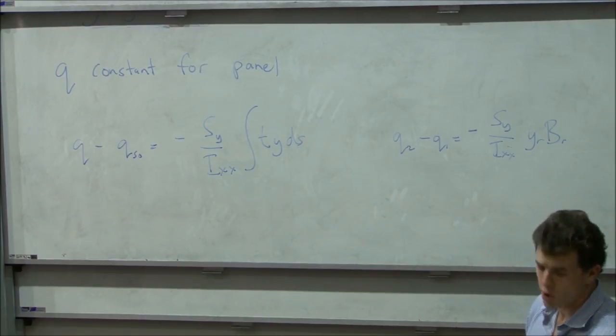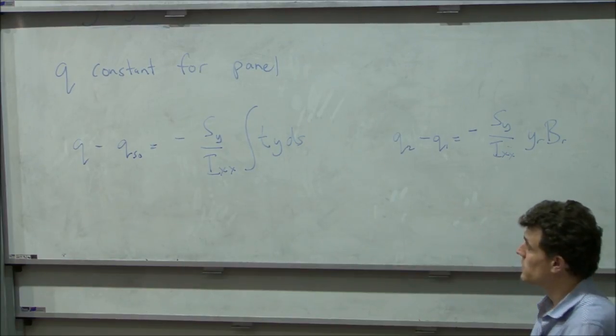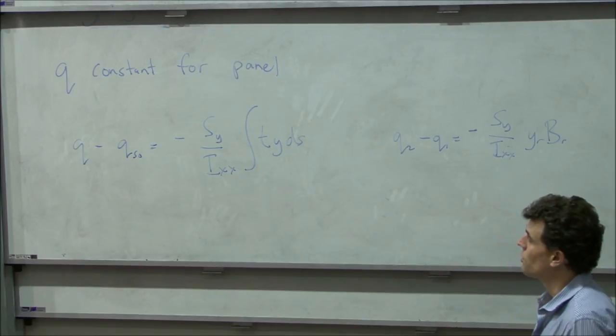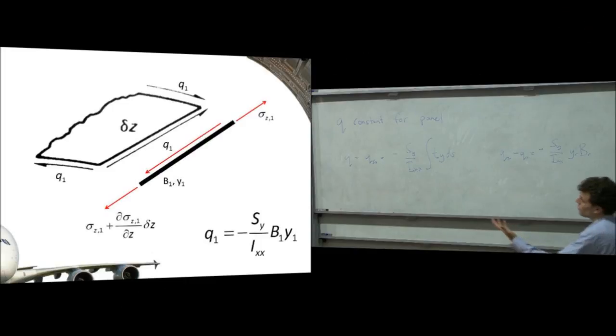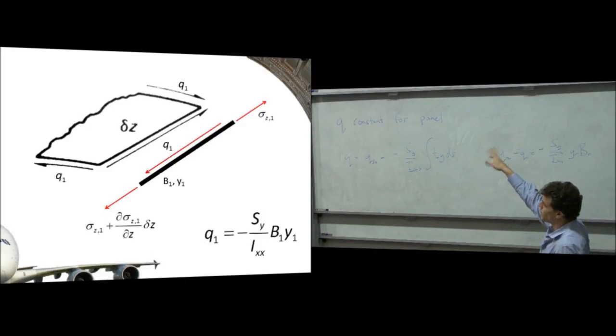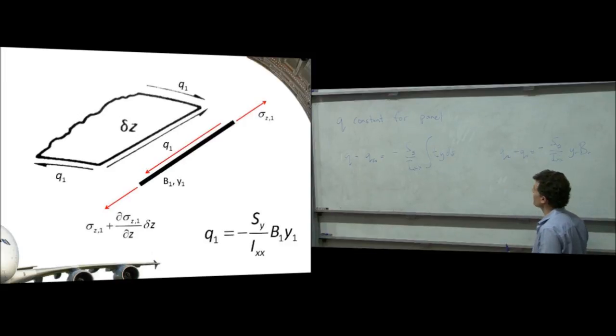And as with the other open problems, we can start at a free edge. So at a free edge, there's no force on one side, so we can work out what q1 is. So there's no force on the other side of the boom.